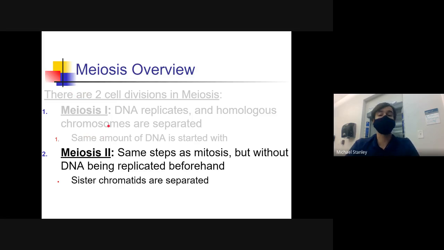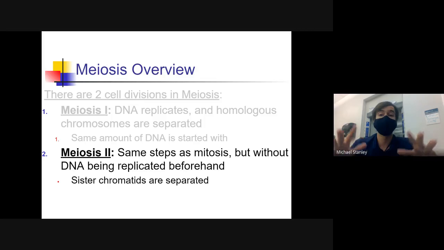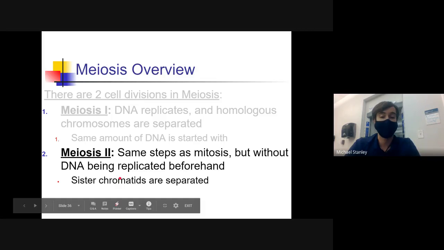After the first division, it's very similar to mitosis. We have a diploid cell, we copy the DNA and split it to still get a diploid cell. But then we go through another split, and this is where the DNA and the chromosomes get reduced again by half.